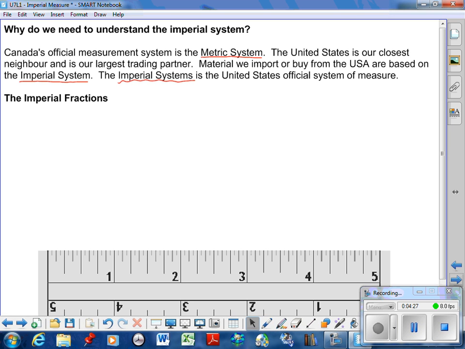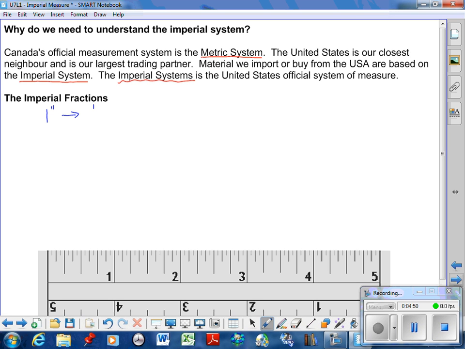So let's talk about some imperial fractions. If I'm talking about measurement, imperial fractions, and for anyone who is in a construction course, we know that one of the smaller units of measure are the inches. Now the inches are broken down into what we would call the subsequent fractions, or the imperial fractions.